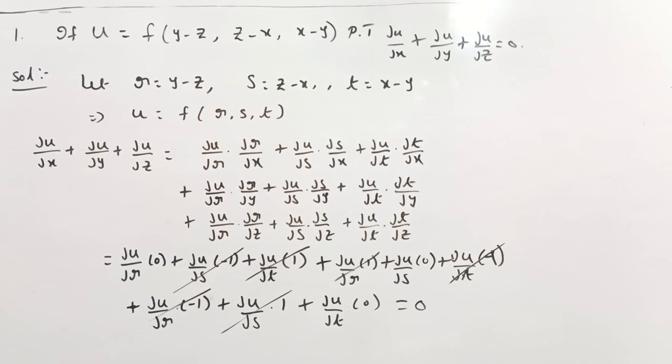You have to solve chain rule problems. Very important here. So earlier I gave you the chain rule formula for 2 variables. This is the chain rule formula for 3 variables.